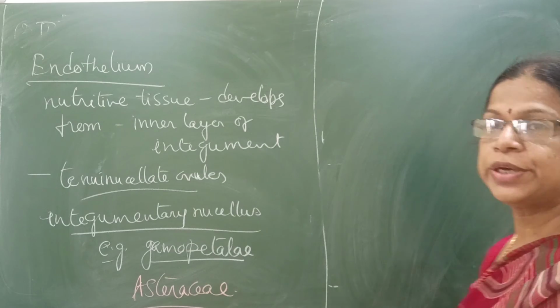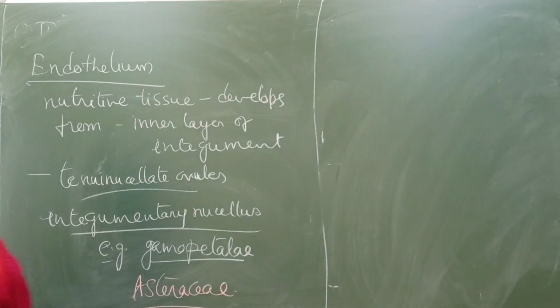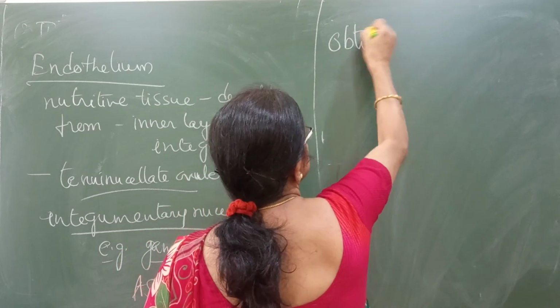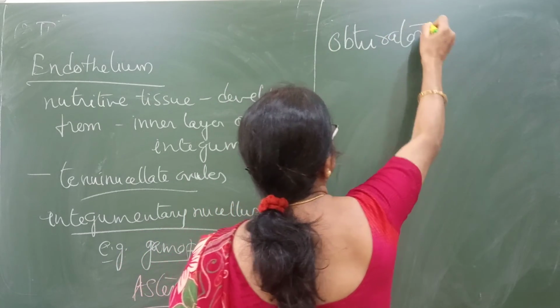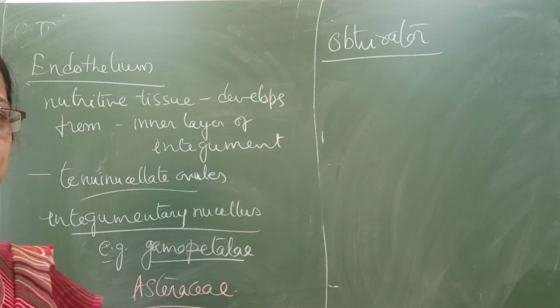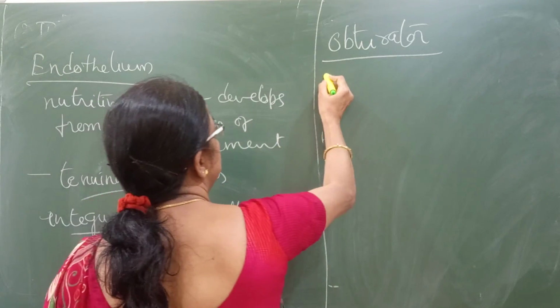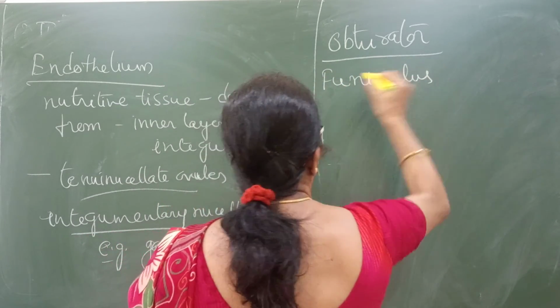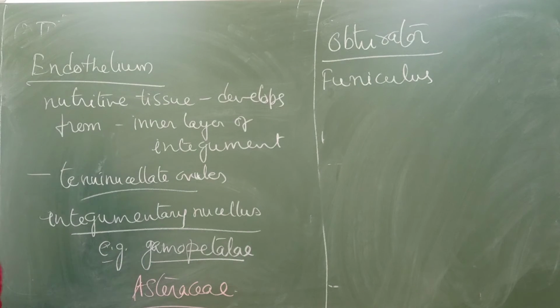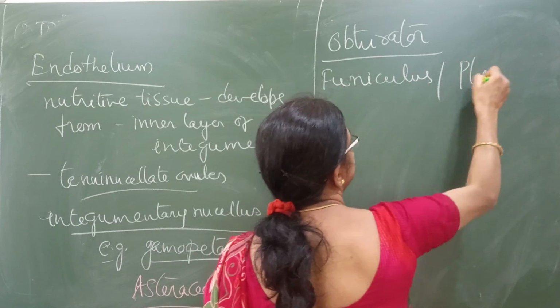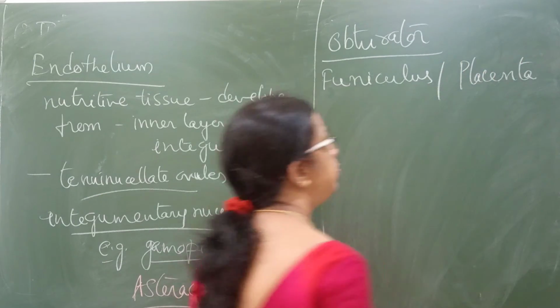One more structure related to the ovule is called the obturator. The obturator is a structure generally developing from the funiculus, or from the placenta, or sometimes both.